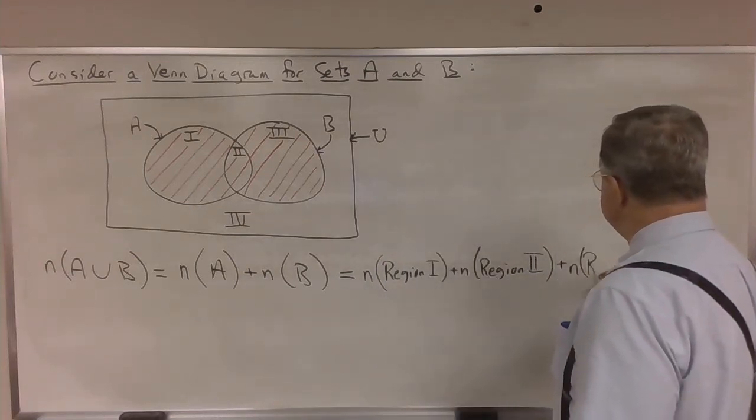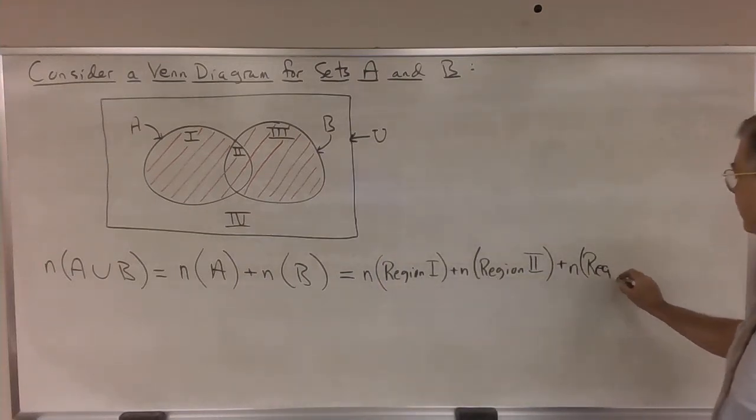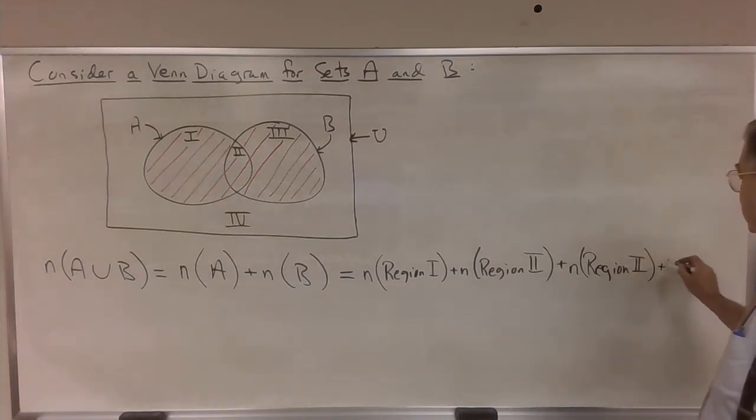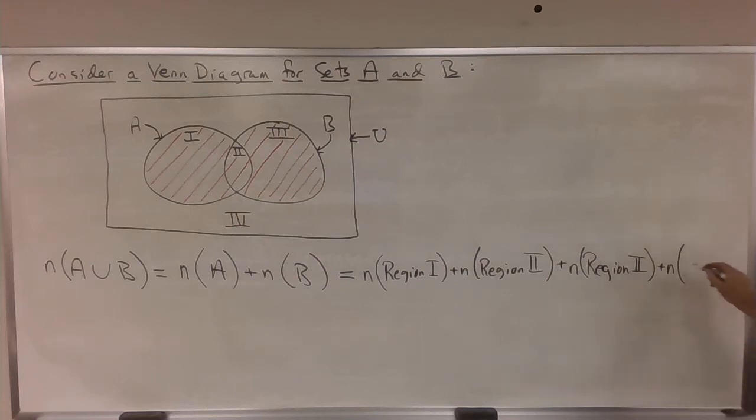So the number of elements in region 2 plus the number of elements in region 3.